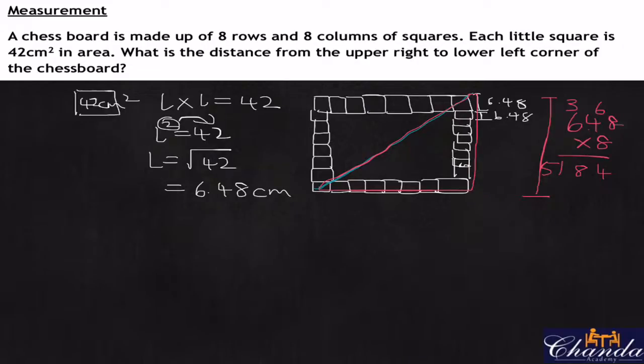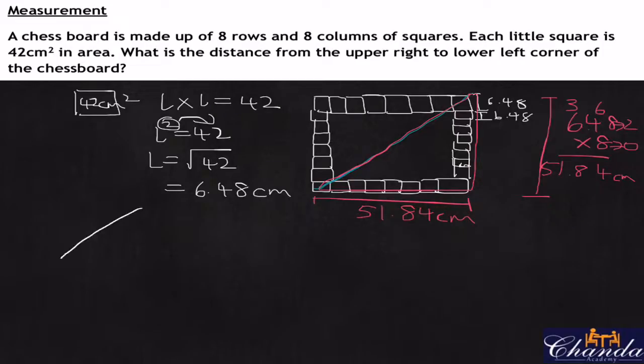Then that has 2 decimal places, that has 0, so in total there are 2. So this gives me 51.84 centimeters. Similarly, because this is obviously a square, that will also be the same. So that is also 51.84 centimeters.